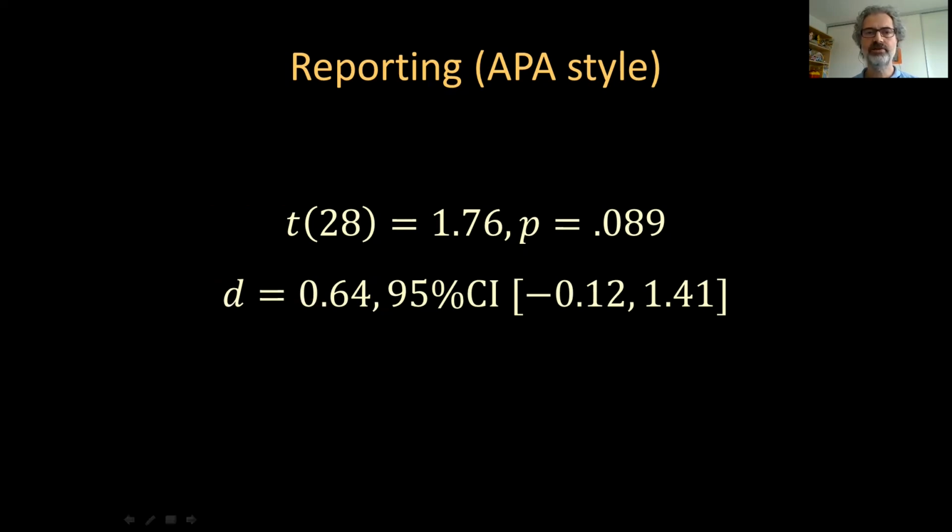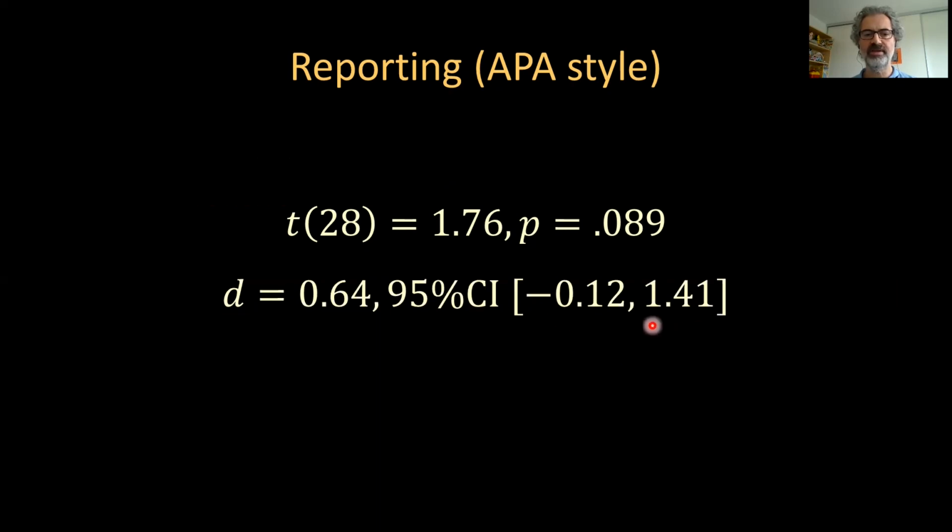And people are also increasingly reporting a confidence interval for the effect size. So this is the 95% confidence interval for d, which in this particular case runs from minus 0.12 to plus 1.41. The effect size has a confidence interval that includes zero because it runs from a negative to a positive number.